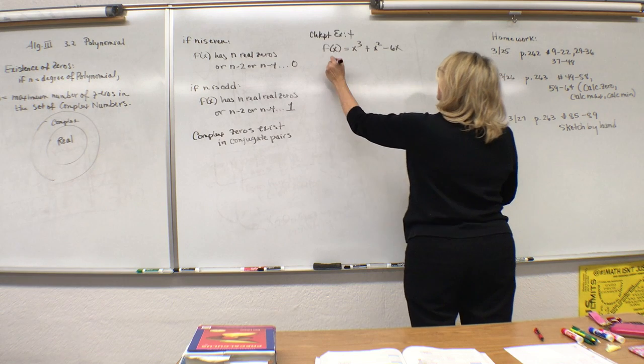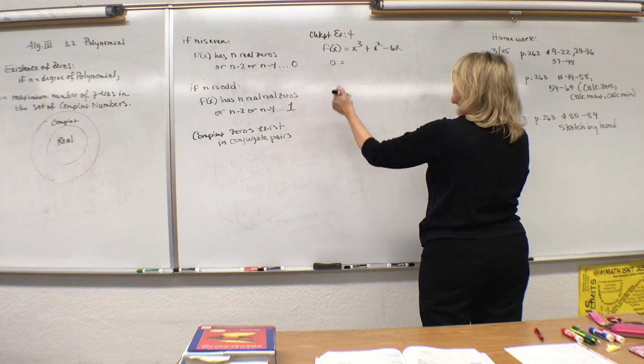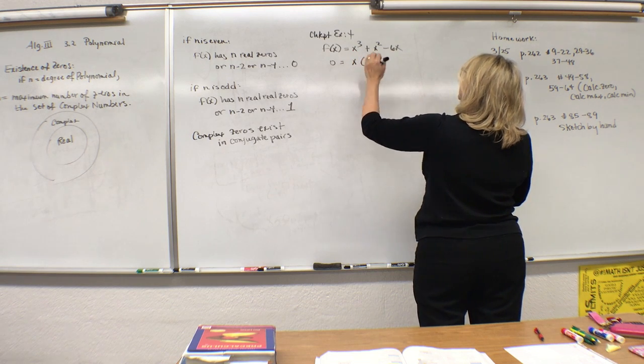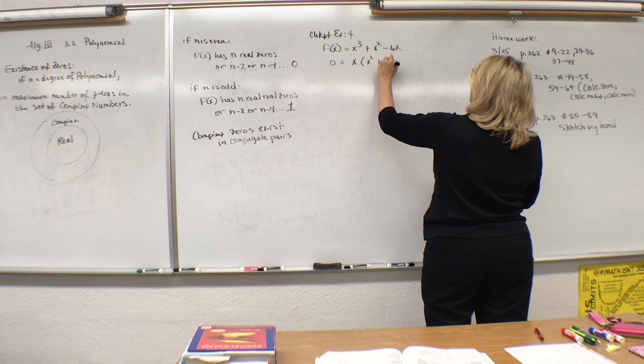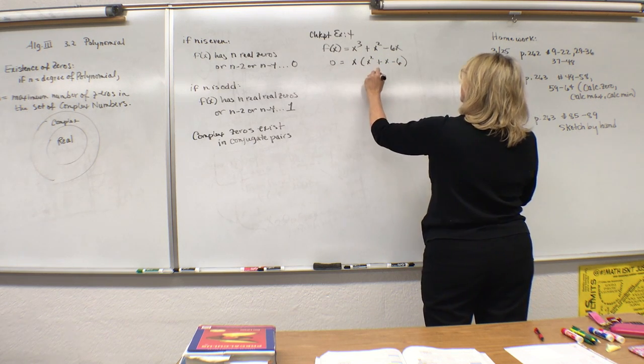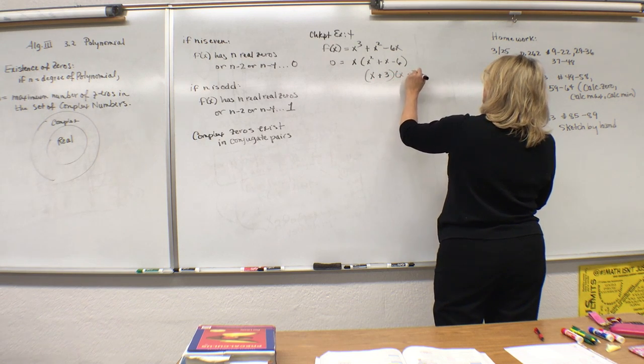Well, again, f of x equals 0. When I'm looking for zeros, this time I'm going to factor out the GCF of x, which is going to leave me x squared plus x minus 6. I'm going to further factor this as x plus 3 and x minus 2.